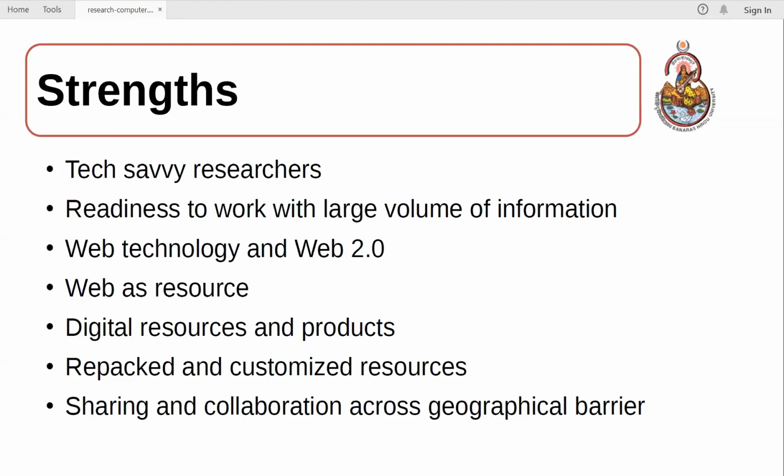And a lot of digital resources are there. You don't really need to rush to different types of libraries for your interest. Things are available on the web. If it is not available, you can write to the library and they will try to find it for you, and they can deliver the resources to you online.